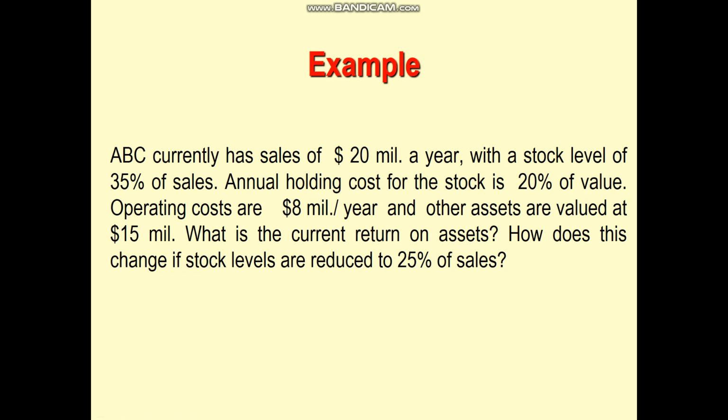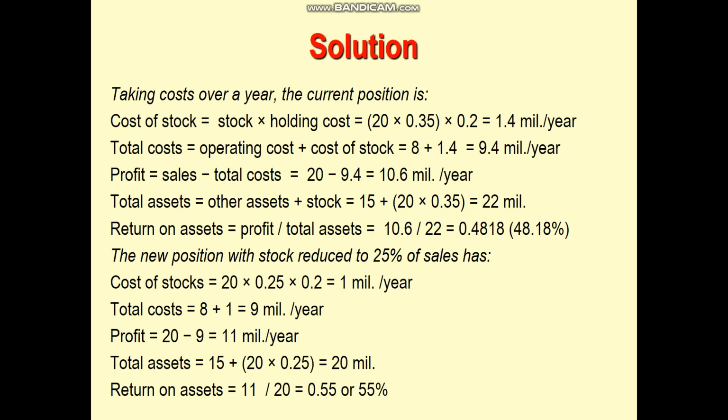So first, we will separate which one is profit and which one is asset. Okay? So we calculate the cost. The cost of stock will be equal to the stock times the holding cost.